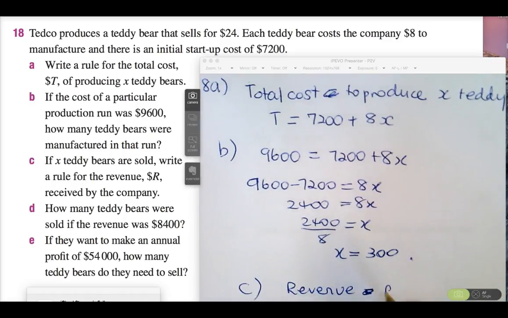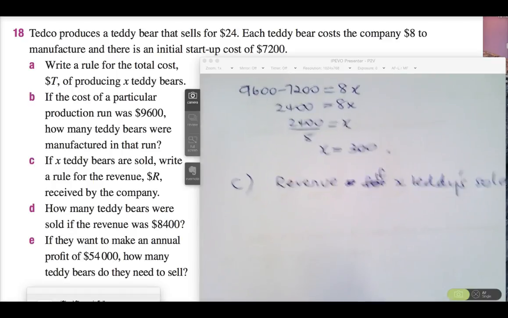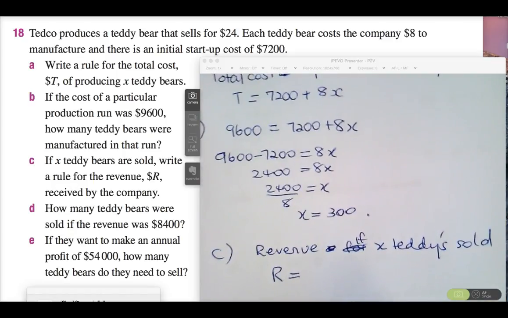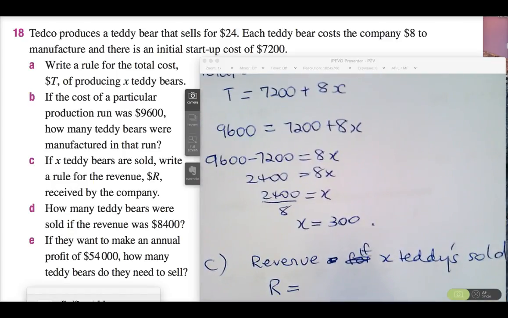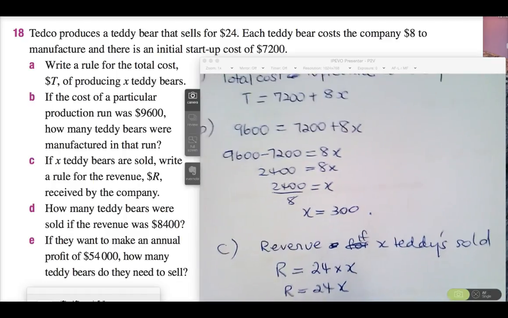The revenue if x teddies are sold. The revenue is the money that you collect when you sell. Girls, if you sell 1 teddy bear, how much money are you going to take in? It's 24 times x, which is 24x.